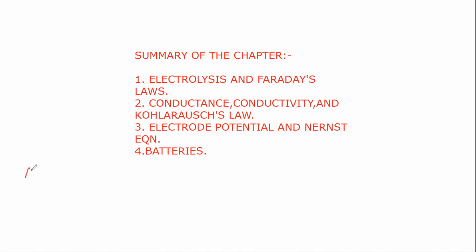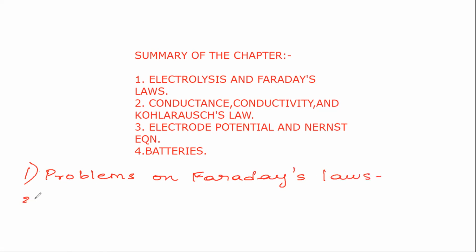First one, in Faraday's laws, problems related to Faraday's first law and second law are important. On Faraday's laws that we have done, all the models, you have to follow. Second, we have done product at cathode and anode.